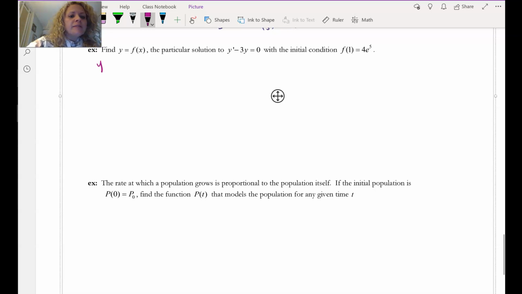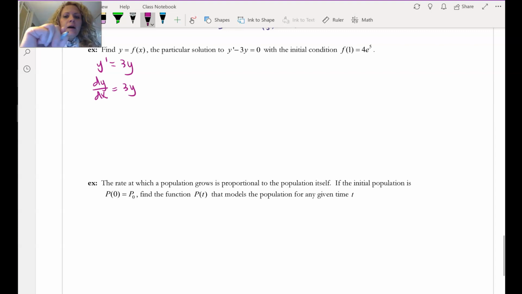So I would rewrite this as y prime equals, we're going to add 3y to the other side. And then I would probably go back and rewrite that as dy dx. So dy dx equals 3y. Again, our goal is to multiply both sides by dx. So we get dy equals 3y dx.